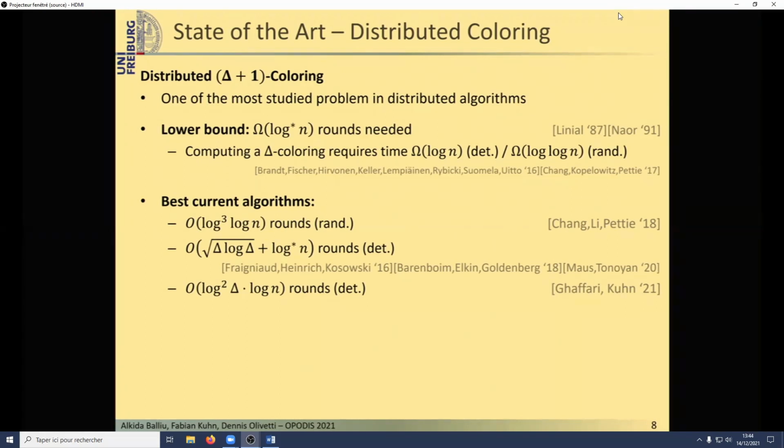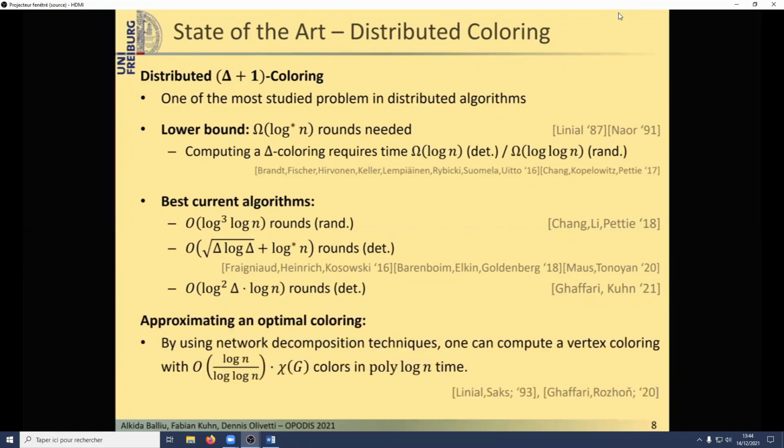We care about what's the dependency on delta and trying to keep the dependency on n minimal. And there's this algorithm which does it in square root delta log delta plus log star n. And if you just care about the dependency on n, then the best algorithm we know is log square delta times log n.